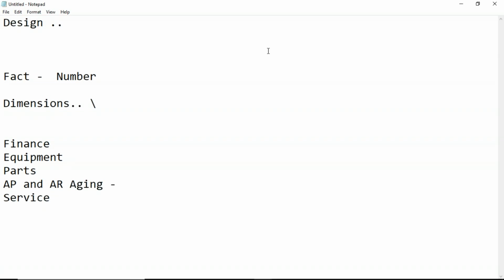Yes, those are sub-ledgers. They are separate from finance. But you could derive that out of finance. Anything you see in the parts or equipment or service or AP/AR, everything ultimately goes to finance. So unless it's a quantity based analysis, like utilization or a fill rate, dollar wise, there is nothing that doesn't hit finance. So if you have to merge the two, then finance is the way to go. Okay, cool.